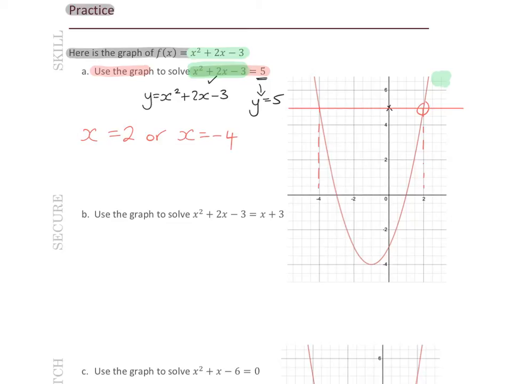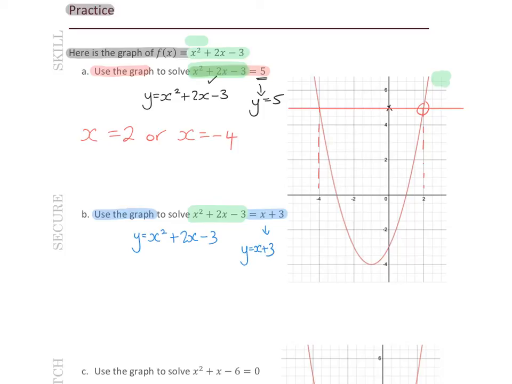Okay, question number 2, do this one in blue. It says use the graph to solve x squared plus 2x minus 3 equals x plus 3. Now again, I'm checking for that green light. So I've got x squared plus 2x minus 3 is what I'm looking for up here. So that means what I need to do is I've already got this. I need to do this one.